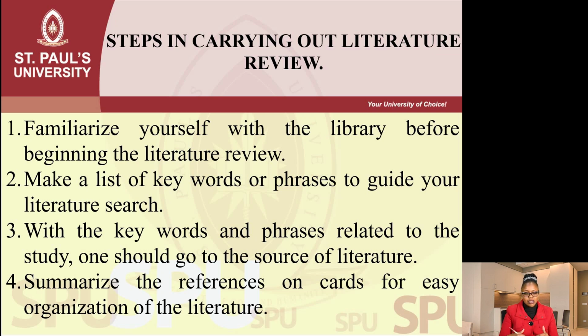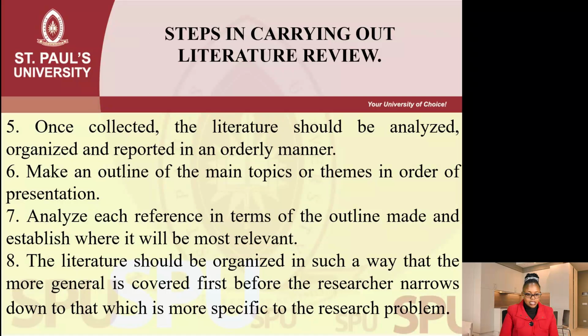So this will help you summarize the information that you are looking at so that you only get the articles or the books that are relevant to stress management, if that is what you are researching on. Or let's say if you are researching about high labor turnover, you are only able to get materials that are talking about high labor turnover. And that becomes easy now for you to get this information.